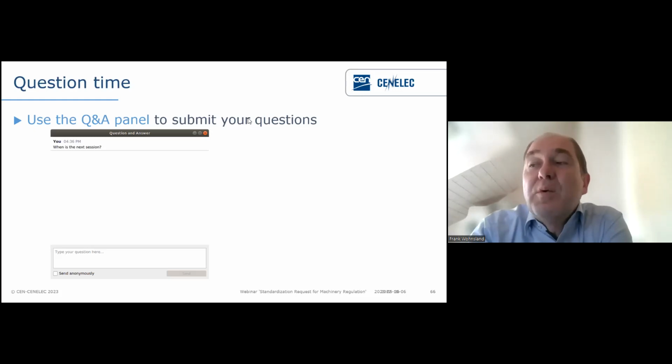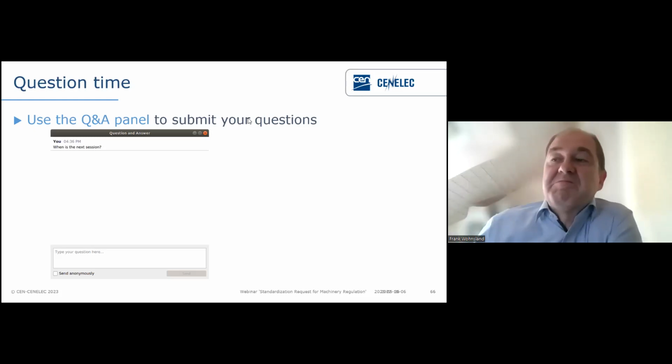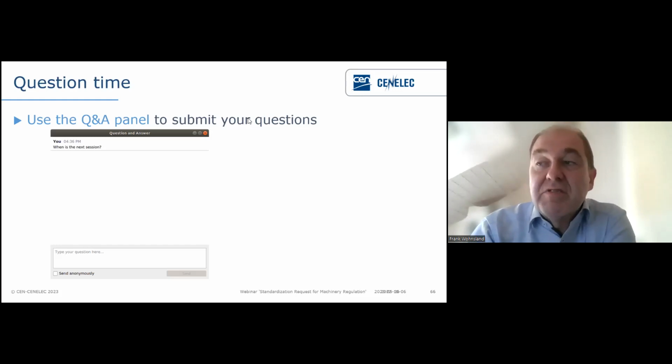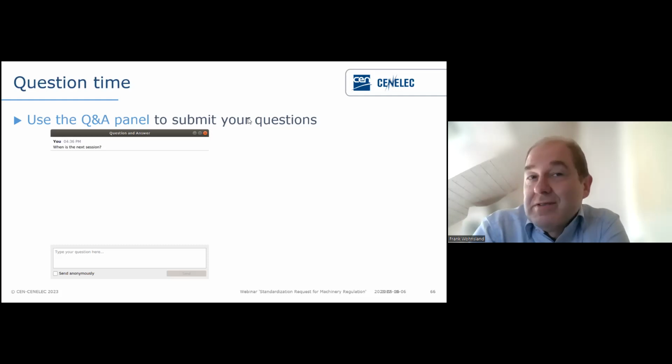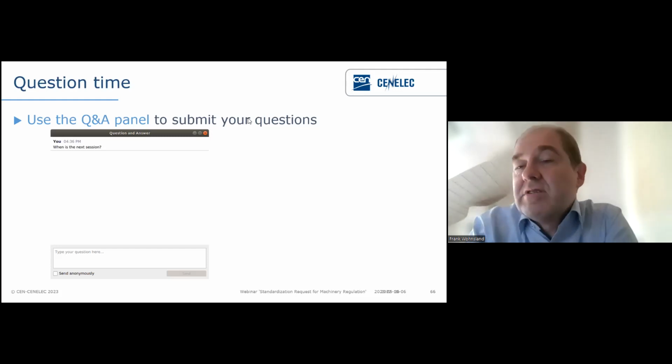His question now was that it is impossible or quite unlikely to create such a list considering the C standards, but it might be interesting to have such a list for B standards. And okay, we could take this up as an interesting idea. Maybe it could help, because of course we still have a large number of B standards, almost 100 or so, or maybe more, I don't know. B standards usually address only one or two specific items of EHSRs.